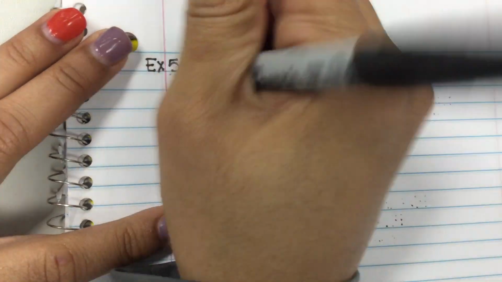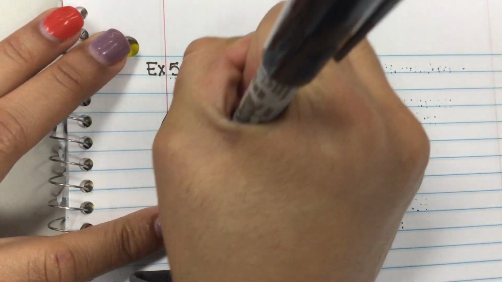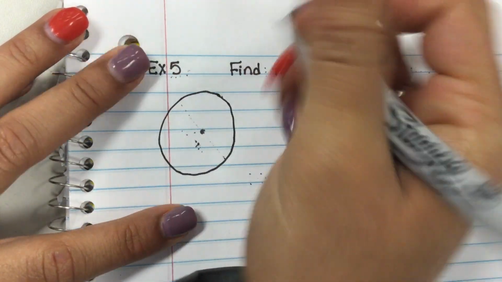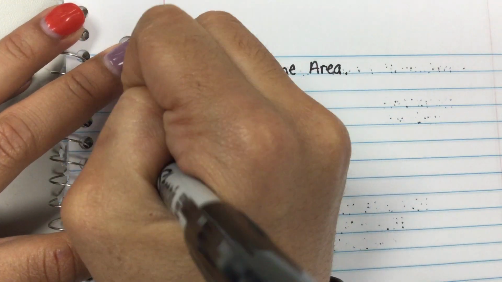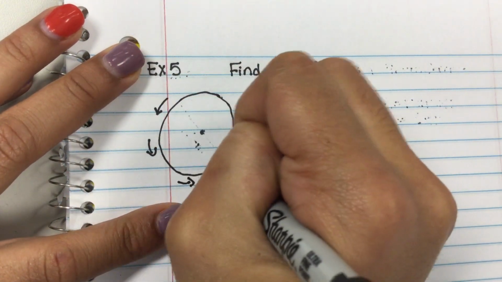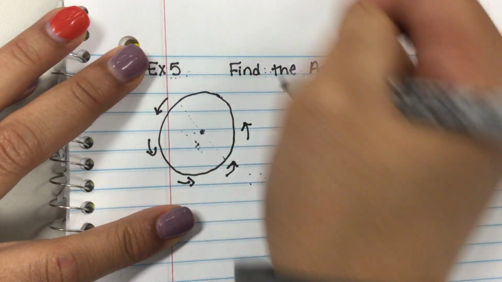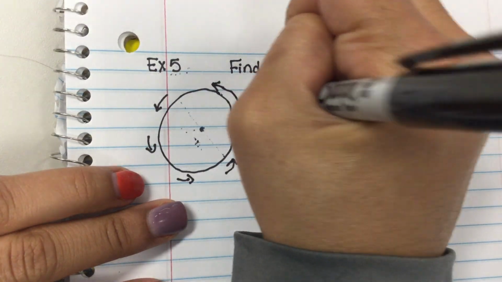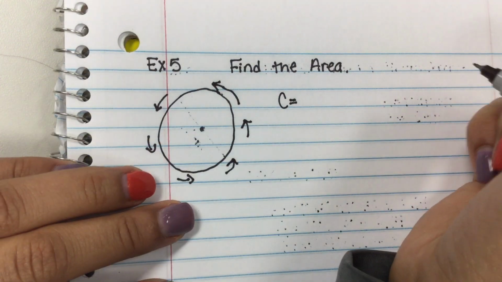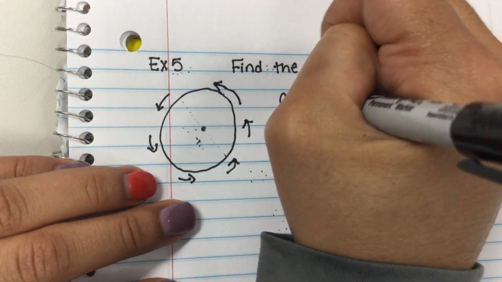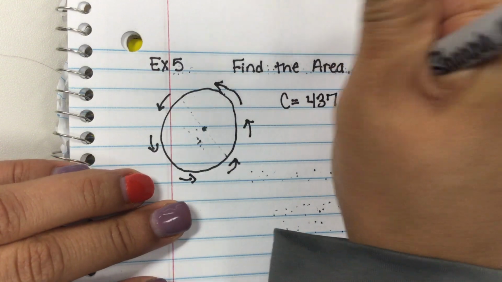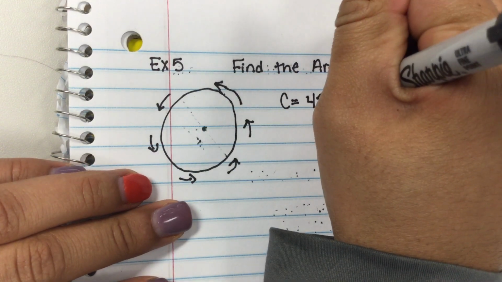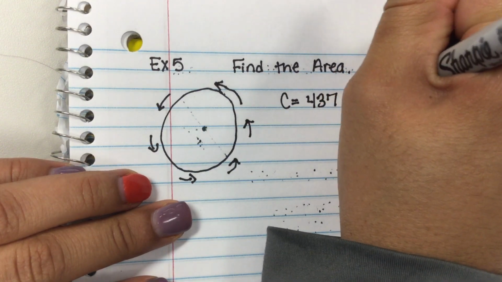Now you're gonna have to work backwards here because, going around, let's say they give your circumference to you, your circumference is equal to, let's say, 437 meters.